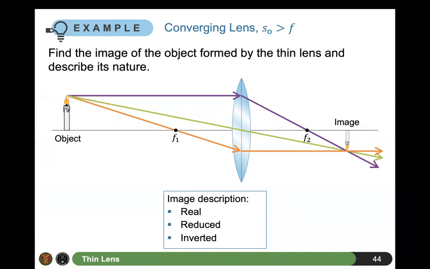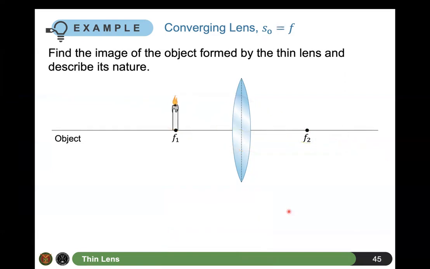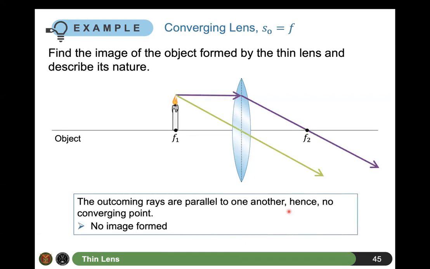Real, reduced, inverted. If the object is situated exactly at the focal length, we draw the rays and see there is no intersection on the outgoing side.